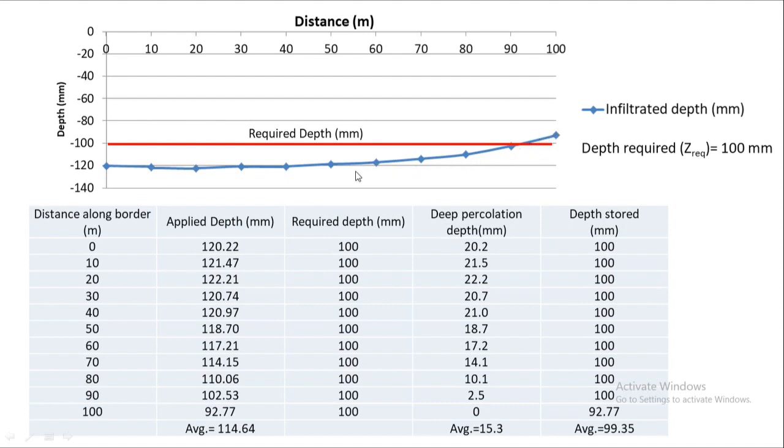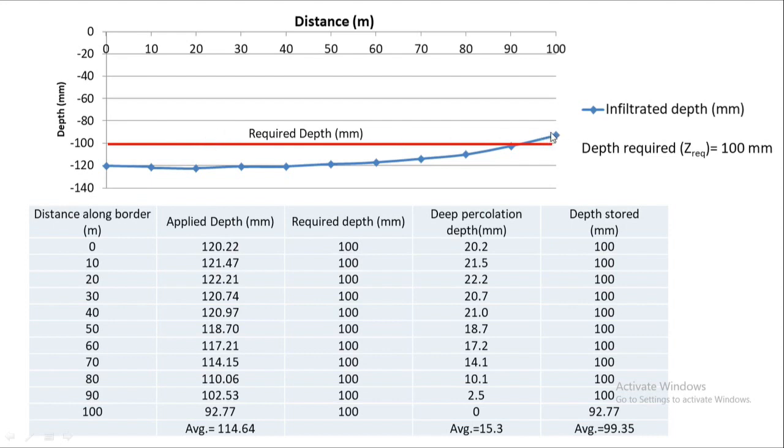We've plotted infiltration depth here along the distance. So we are giving more irrigation than required. Applied depth is 120, 121, 122. Required depth is 100 millimeters. So the deep percolation depth will be 120.22 minus 100. This excess depth is the deep percolation depth.